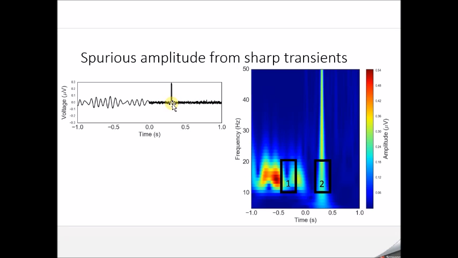It is not a genuine beta oscillation, and so the power in these two bands is not really representative of what is going on before and after the stimulus. Sorry, I kept saying alpha when I meant to say beta.